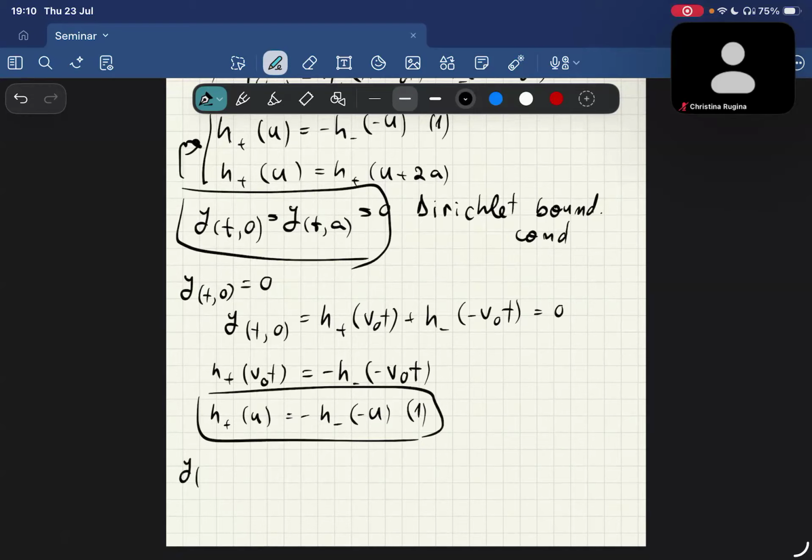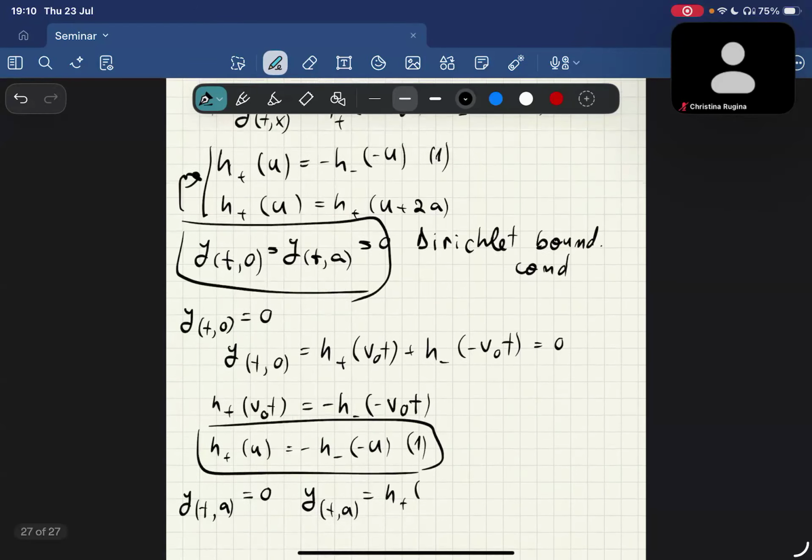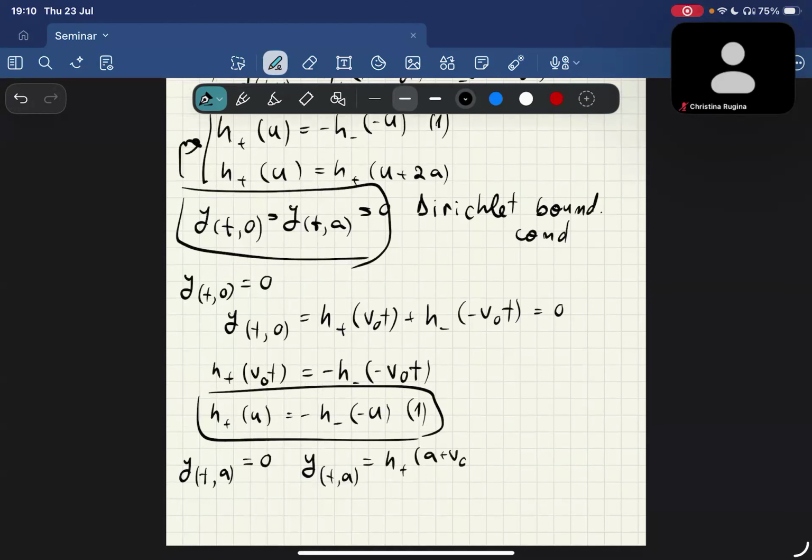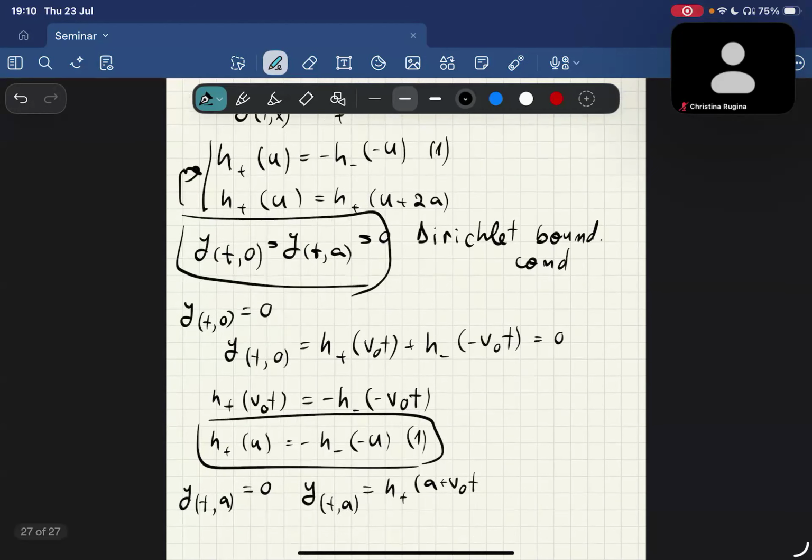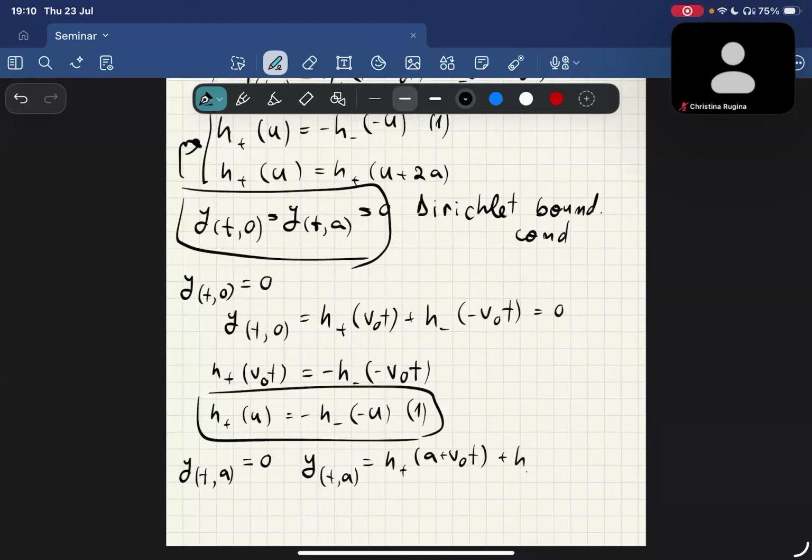The second one comes from the second end, that y of t, a is equal to 0. That means that y of t, a is equal to h plus of a plus v0t plus h minus of a minus v0t and is equal to 0.